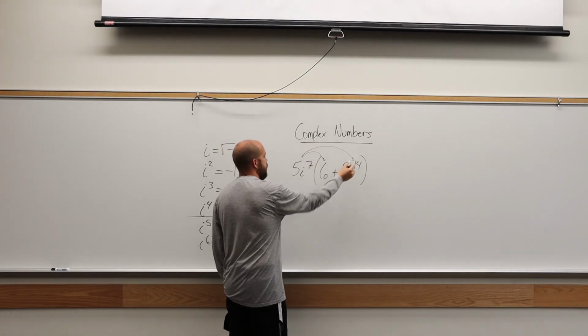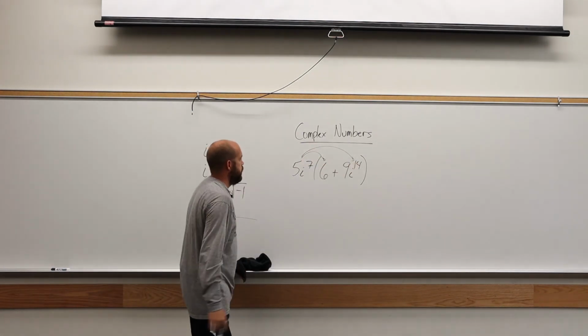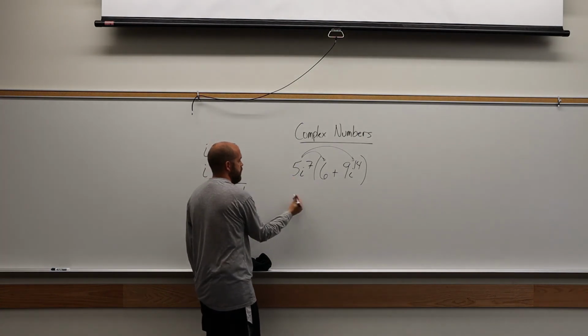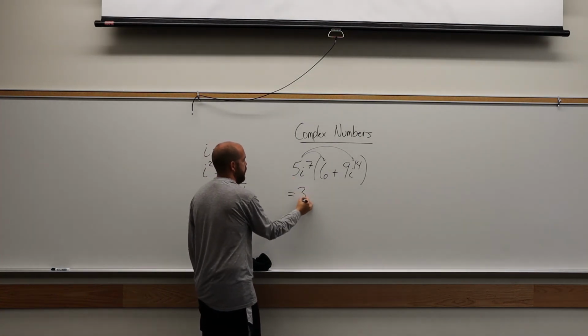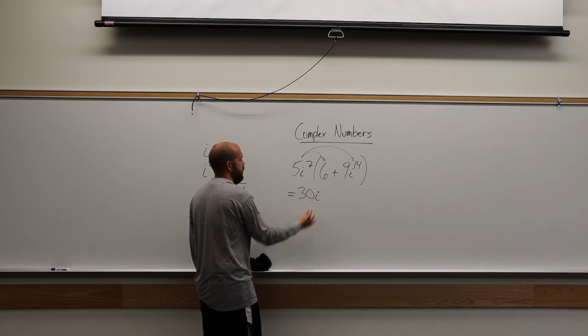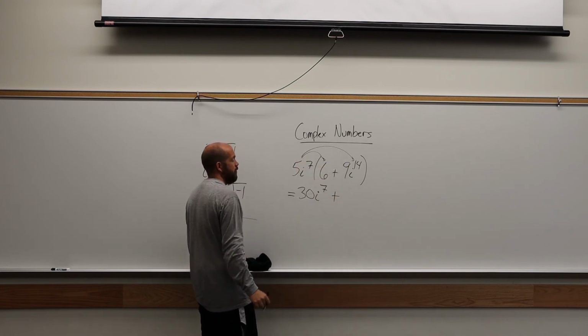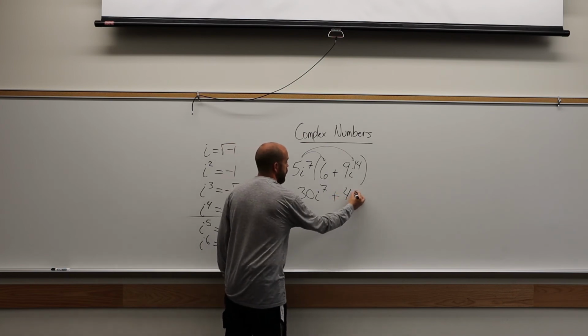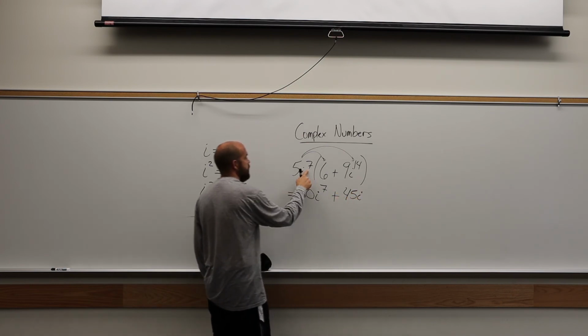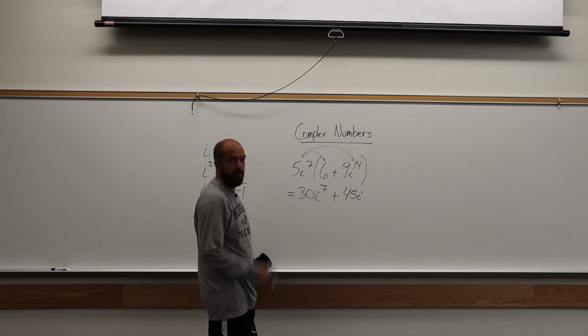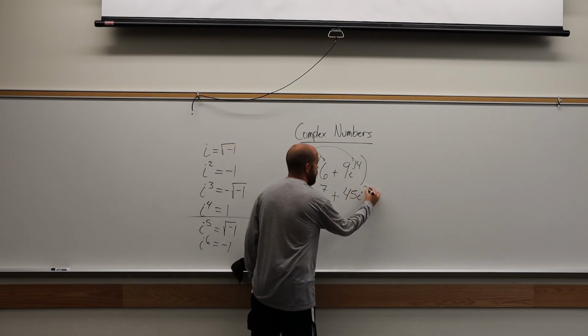I'm not even reducing anything yet. So I have 5i to the 7th times 6. 5 times 6 is 30 i to the 7th plus, now I do 5 times 9 is 45. How many i's do I have? i to the 7th times i to the 14th. If I listed them all out, there'd be 21 of them.